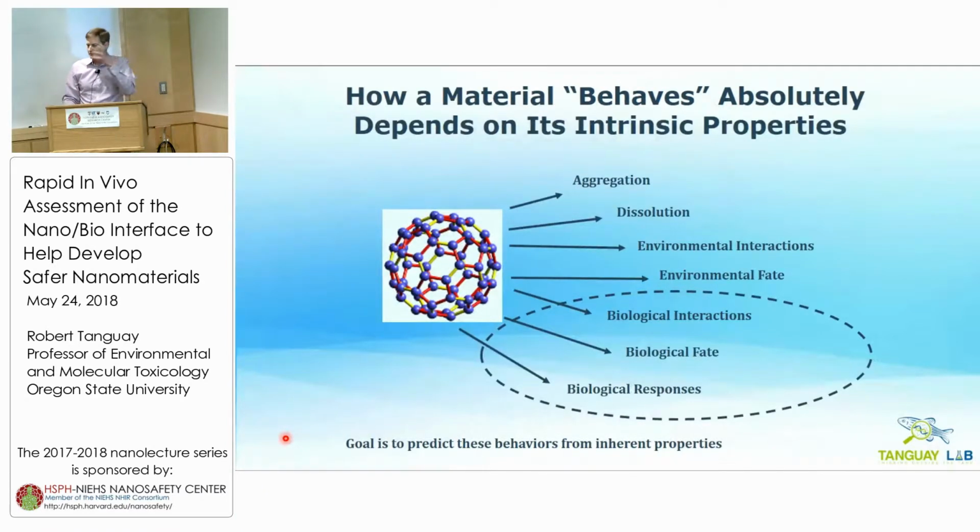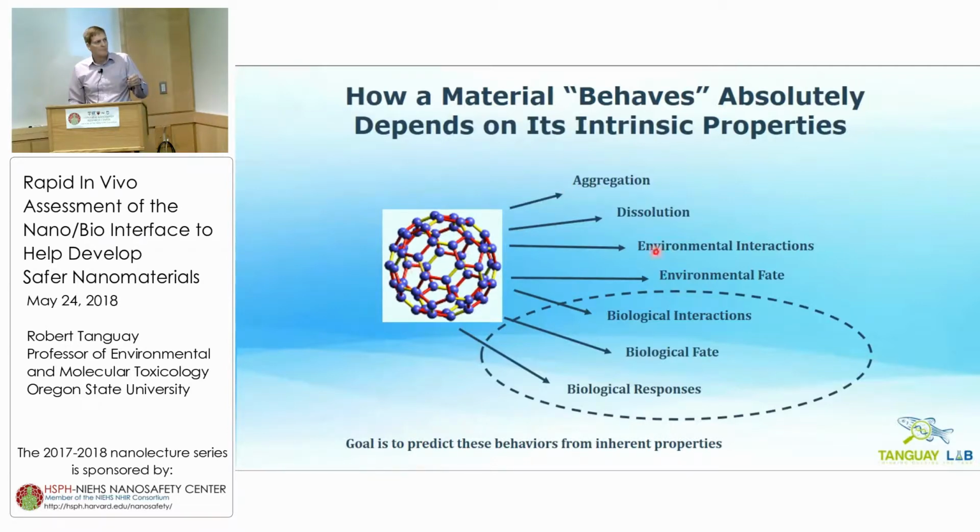But then there are some conceptual ideas. When I think about how a material behaves in any environment, and there's a lot of debate on this point, but I'm going to push it anyhow, it depends initially on its intrinsic properties. And I think that's the same for chemicals as well. So if you take a buckyball as an example, the reason these materials are going to aggregate is because of the intrinsic properties of this material, right?